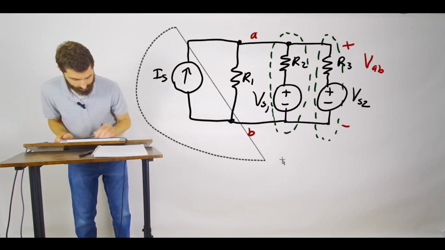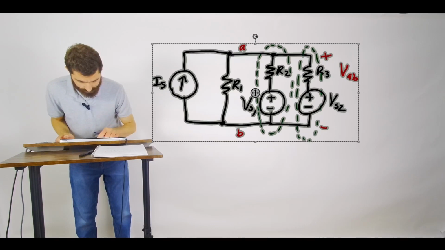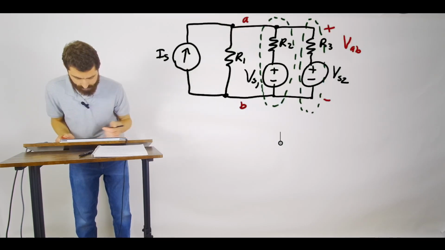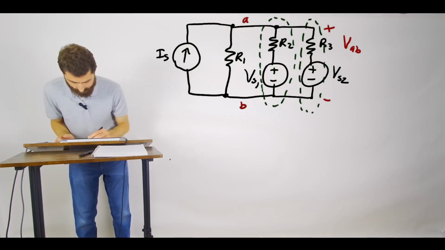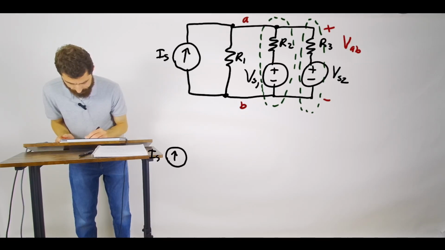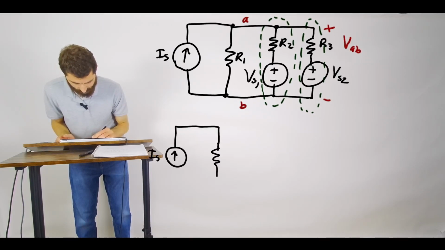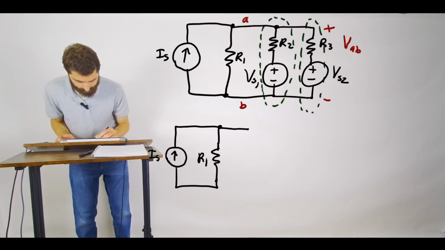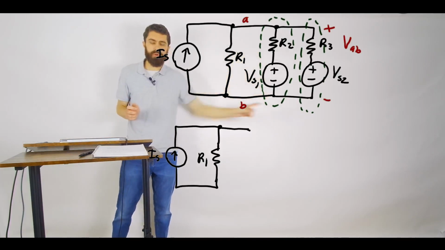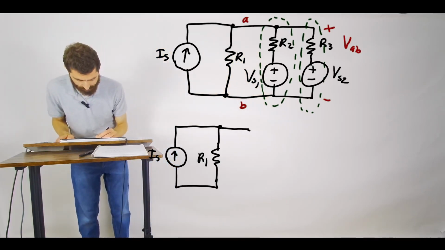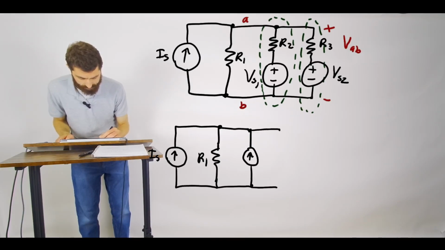Okay, so we have current source here, IS, and then our resistor R1, and now we're coming to this source here, and so we can convert that into a current source and a resistor in parallel. And this is going to be R2.